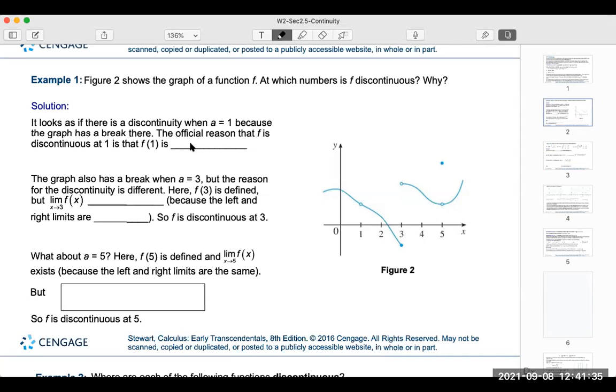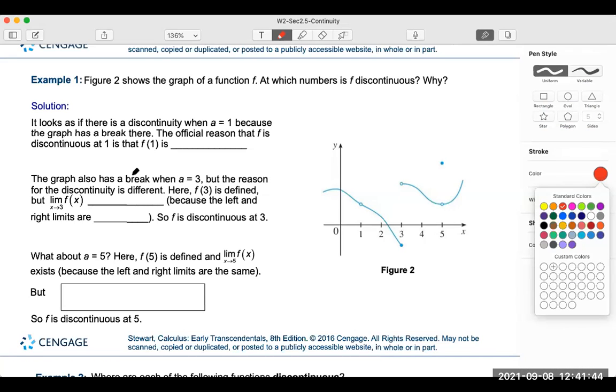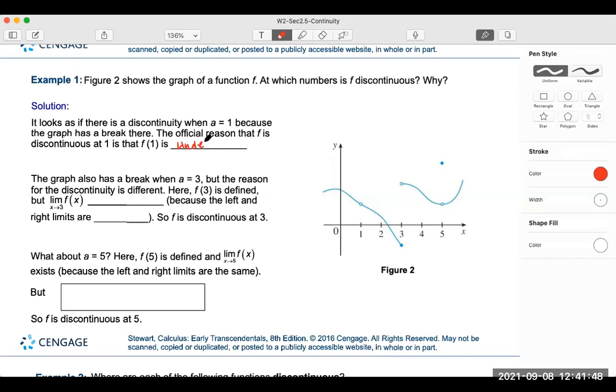It's undefined, right? How do we know it's undefined? Yes, the hole. Good job. So then it is continuous from 1 to 3.